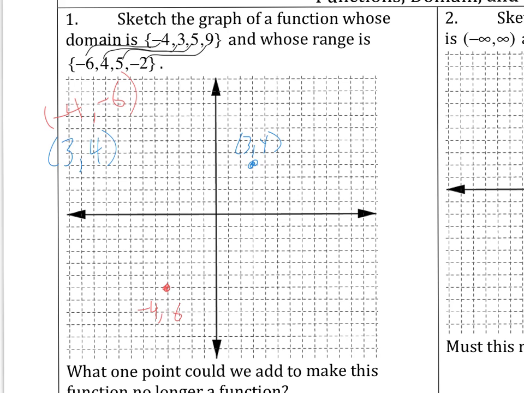My third point is 5, 5. So that's going over 5 and up 5. And my last point is 9, -2. And 9, -2, that's 2, 4, 6, 8, 9, and down 2.